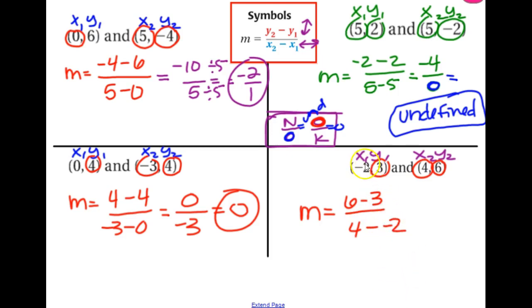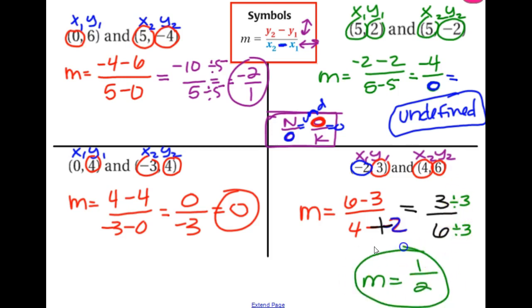Be careful. This x is negative. The equation also has a negative, so those two negatives make a positive. 6 minus 3 is 3. 4 plus 2 is 6, but we can simplify that. Divide by 3, and we get 1 over 2.